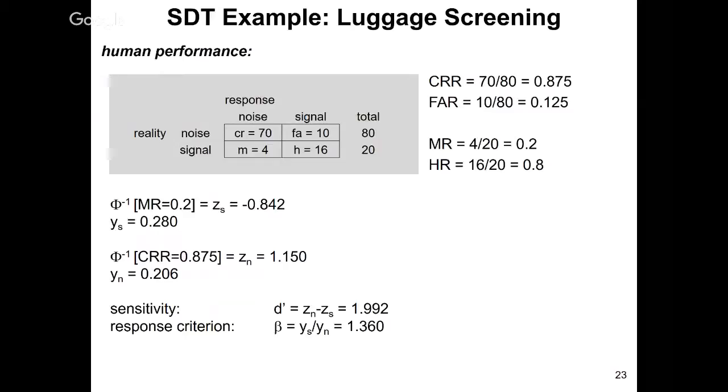We are gonna have to adjust some things, but let's go ahead and label those. So we have ZN equals 1.15 and ZS is negative 0.842.